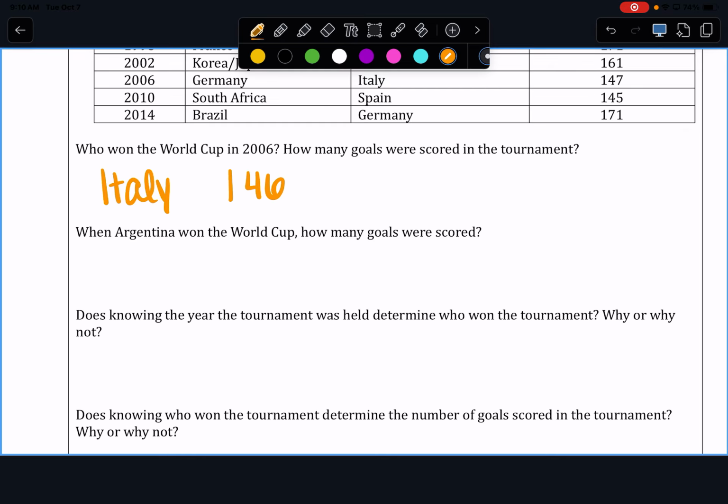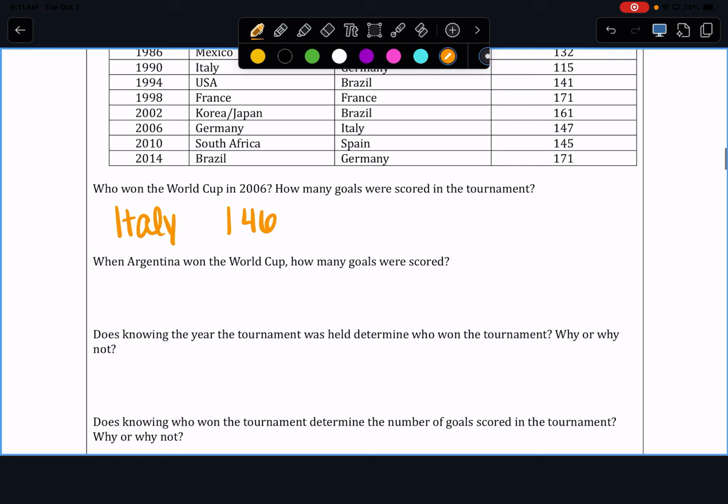Oh, Argentina won 2 separate times, right? So what was the first time Argentina won? That was one. Or what was the second time they won? 132. It could be either. Based off that question, is there any way for me to know which one they're talking about? No. There's no way for me to know based off that question. I just answered both.